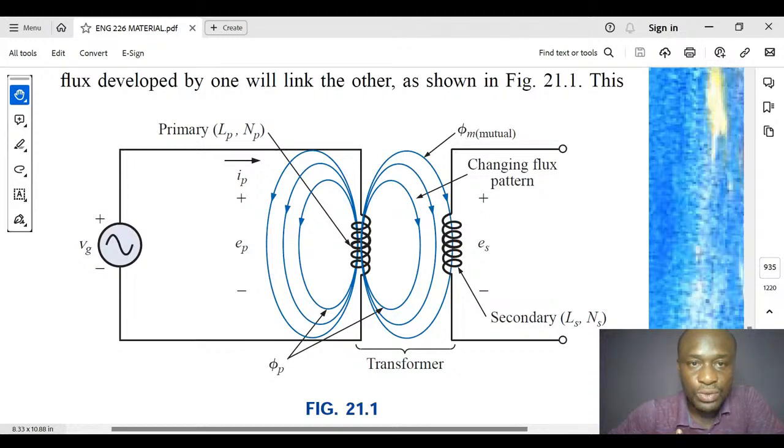Let me go back to the simulation. We have 1 turn and we have 2 here. And we have 1 volt. I will share this screen now.